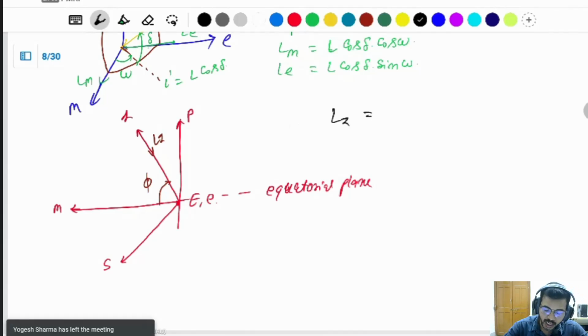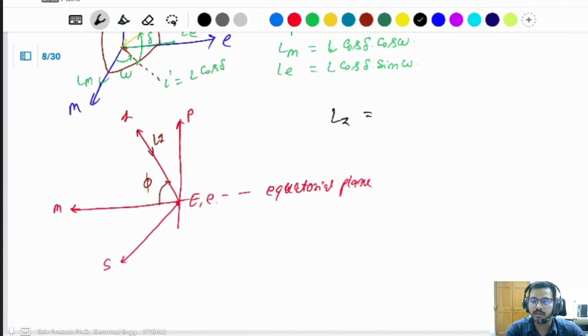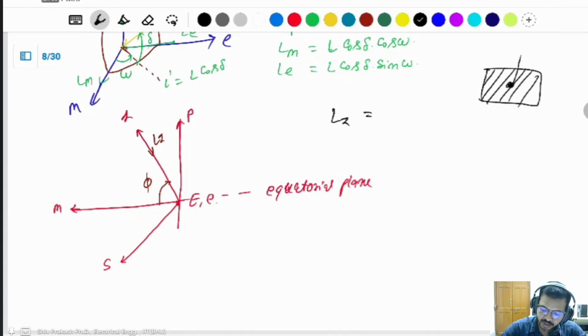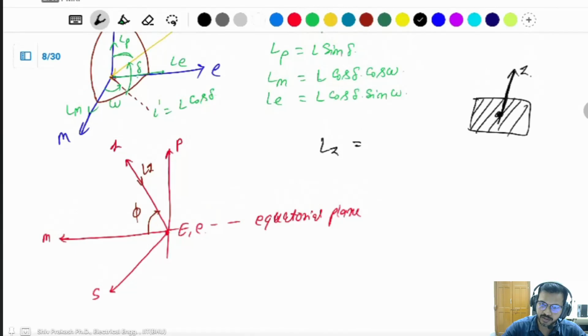Because the insolation on the zenith axis is the same as the effective insolation on the solar plate, because the normal to the solar plate is the zenith axis only. The zenith axis is the normal to the plate.